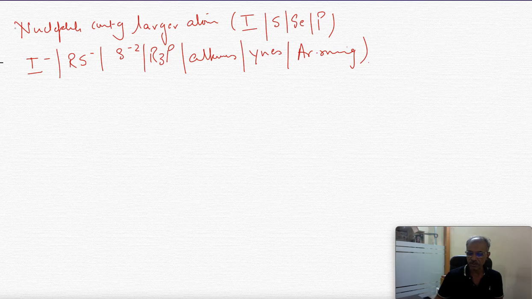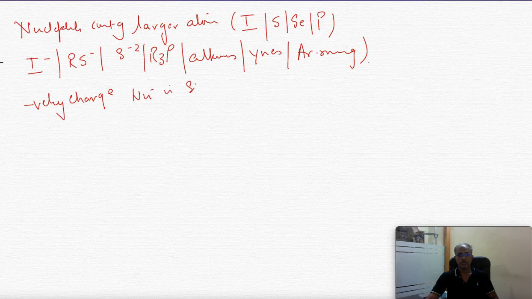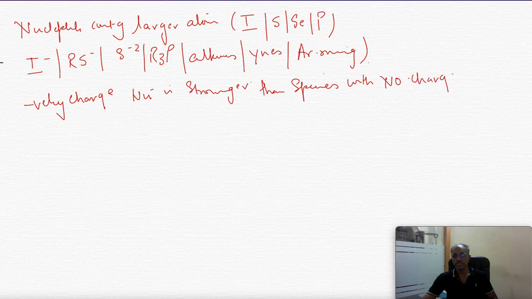Now, a negatively charged nucleophile is stronger than a species with no negative charge. Take for example OH minus is a stronger nucleophile than HOH.